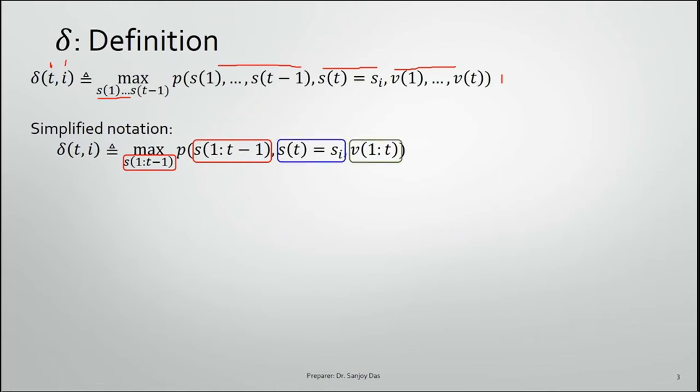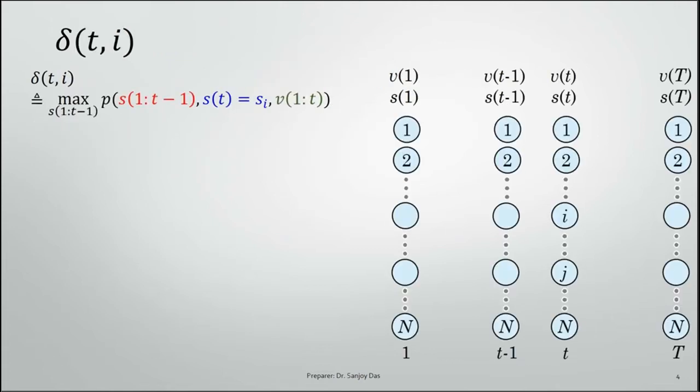And the present is St equals Si, and the output sequence is V1 through t. That's past plus present. And so we are maximizing over all possible past states. This slide will make it clearer.